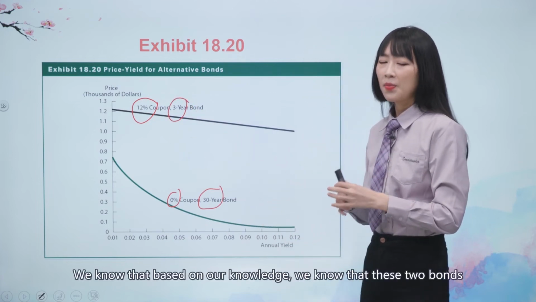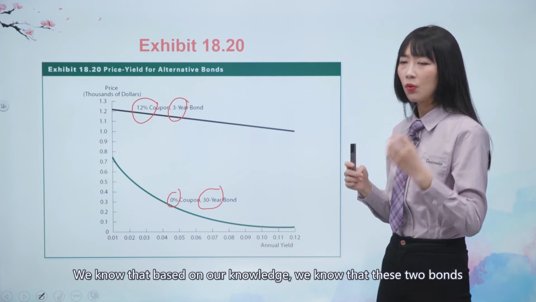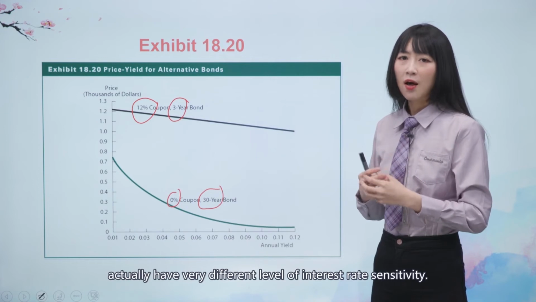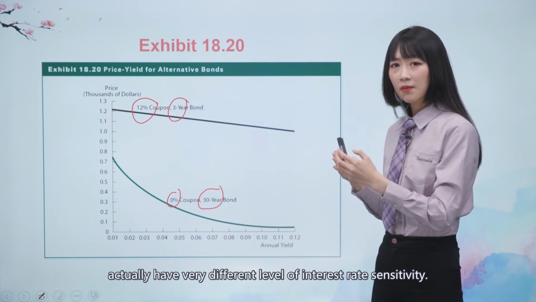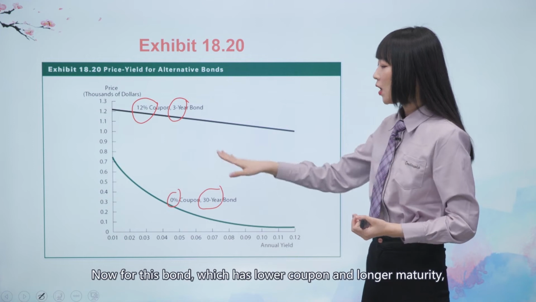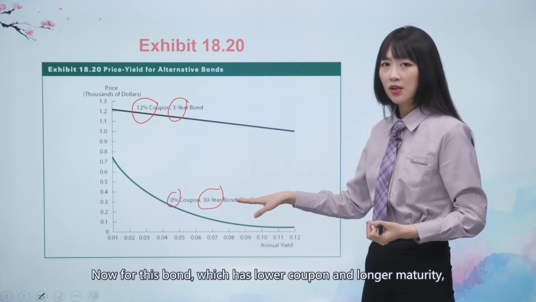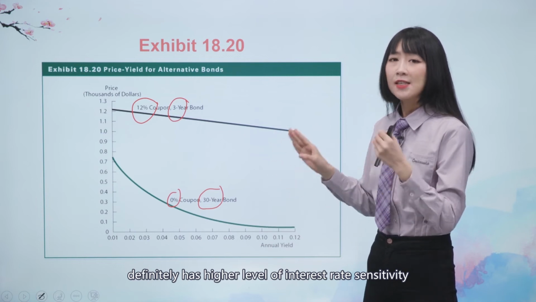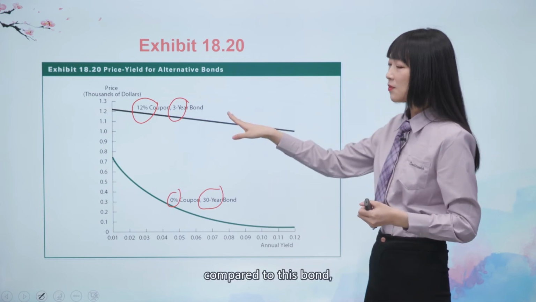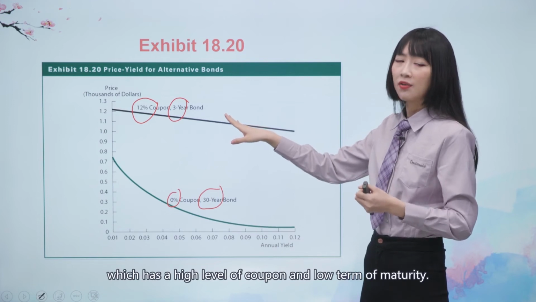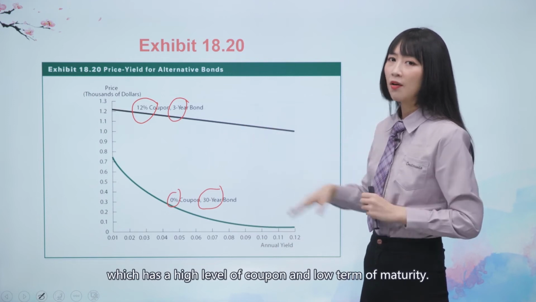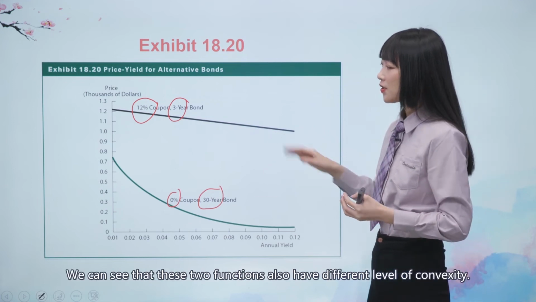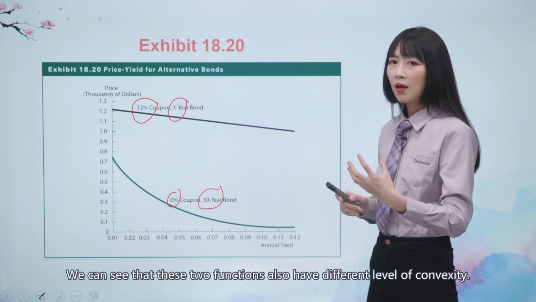Based on our knowledge, these two bonds have very different levels of interest rate sensitivity. This bond, which has lower coupon and longer maturity, definitely has a higher level of interest rate sensitivity compared to this bond, which has a high level of coupon and short term to maturity. So we can see that these two functions also have different levels of convexity.